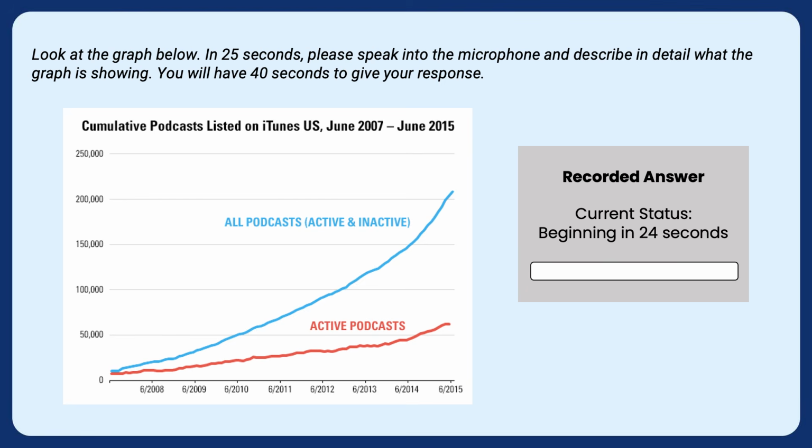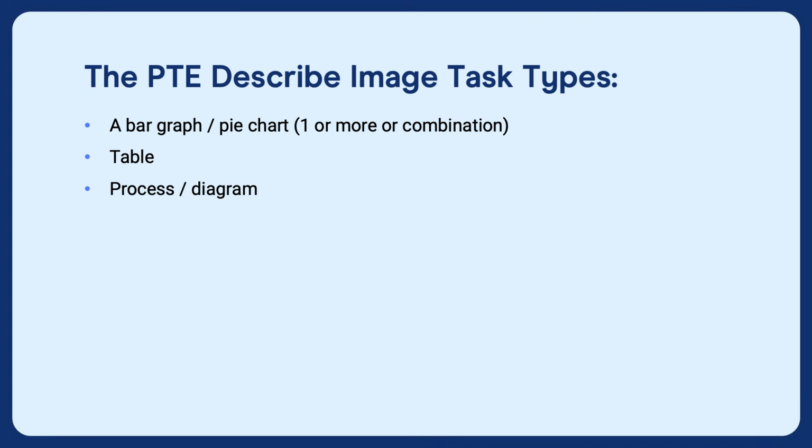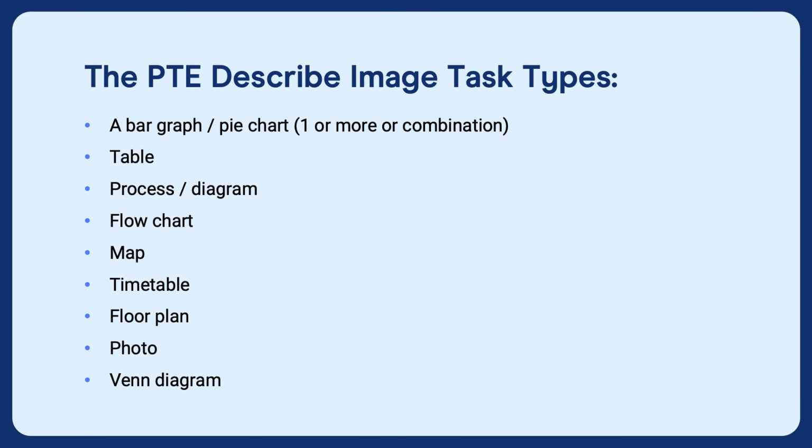Let's quickly recap what you're going to see and what you have to do on test day. So you'll get 3 or 4 describe image tasks that look something like this. This is a line graph, but you might also get a bar graph or pie chart or a combination, a table, a process or diagram, a flow chart, a map, a timetable, a floor plan, a photo, or even a Venn diagram.